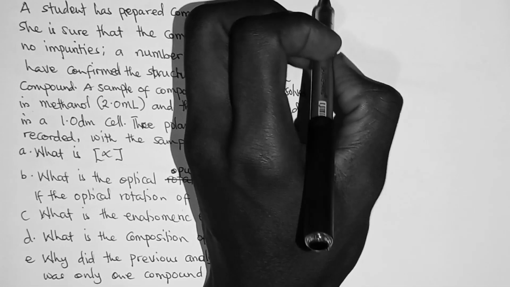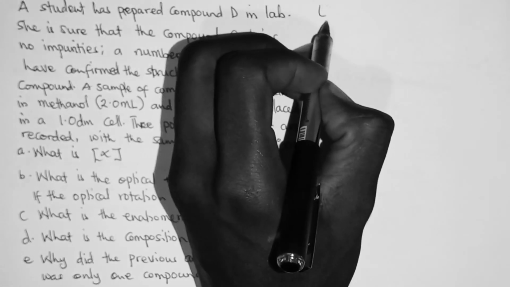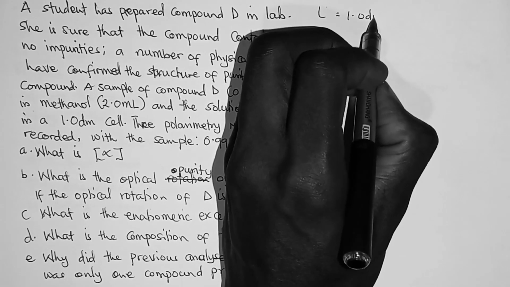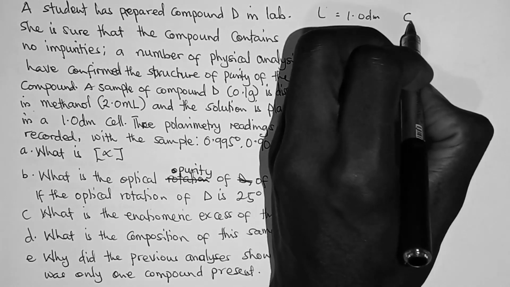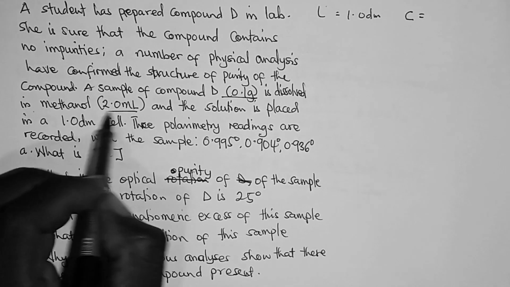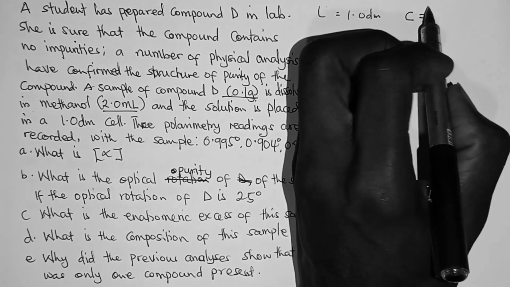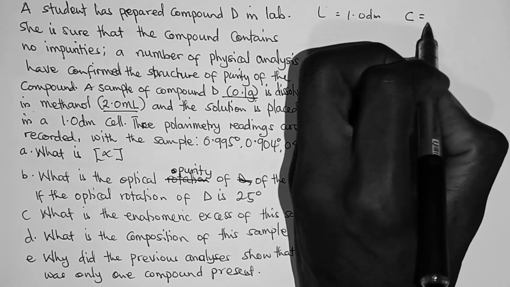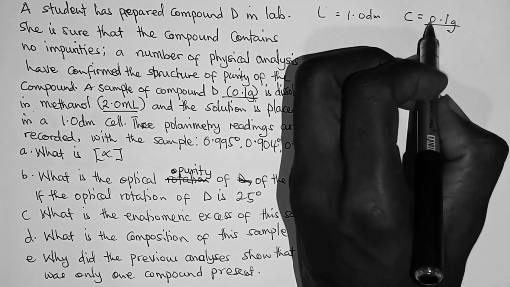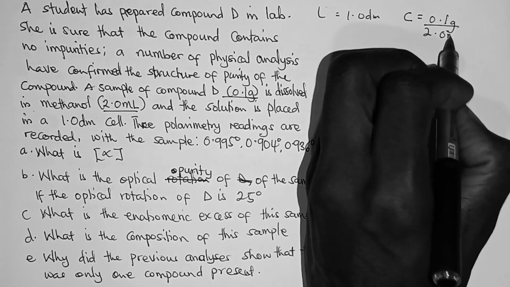Alright, so from the question, the path length L is given as 1.0 decimeters. We can calculate the concentration because we are given 0.1 grams in 2.0 mL. So concentration, which is mass divided by volume, is 0.1 grams divided by 2.0 mL.